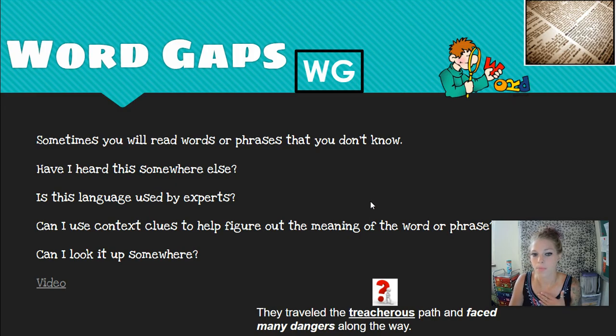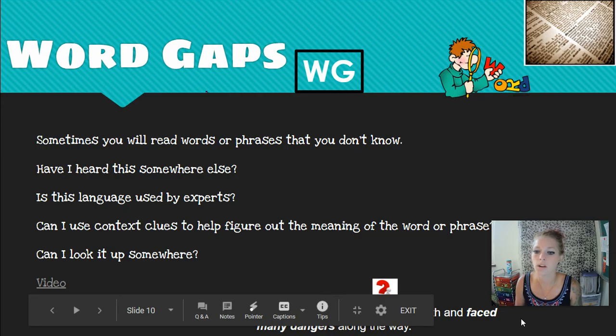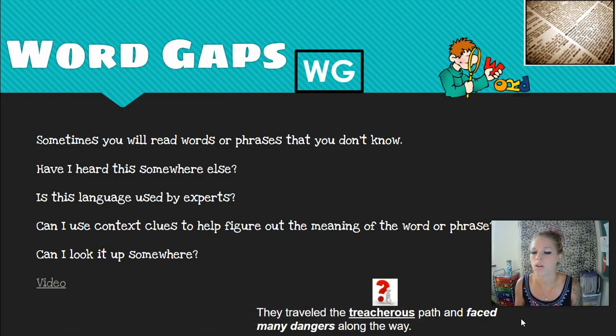So here's an example. They traveled the treacherous path and faced many dangers along the way. Now, my word is treacherous. That's a huge word. But what does that mean? Well, if you look here, my bolded, italicized words are my context clues. Faced many dangers. Okay, so if someone is facing many dangers, that's probably not a good thing.